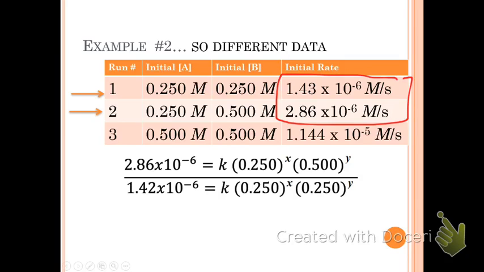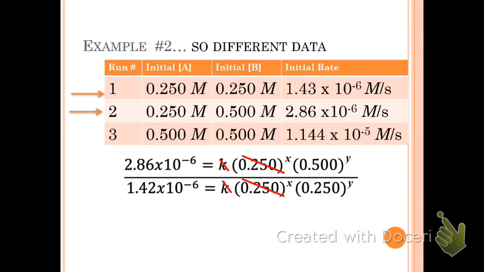Of those two rates, the 2.86 is the larger because your powers are the same, so we choose the larger number. So experiment 2 becomes the numerator, on top, and experiment 1 is the denominator, at the bottom. And then we cancel our constants. We cancel reactant A.